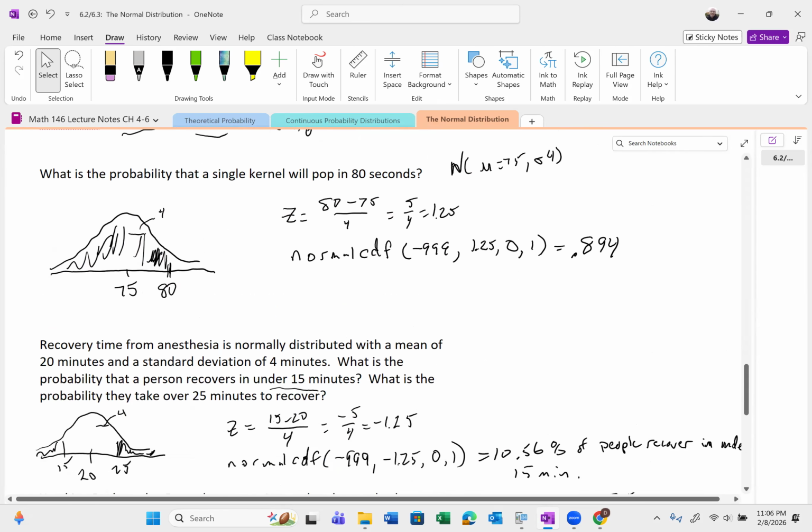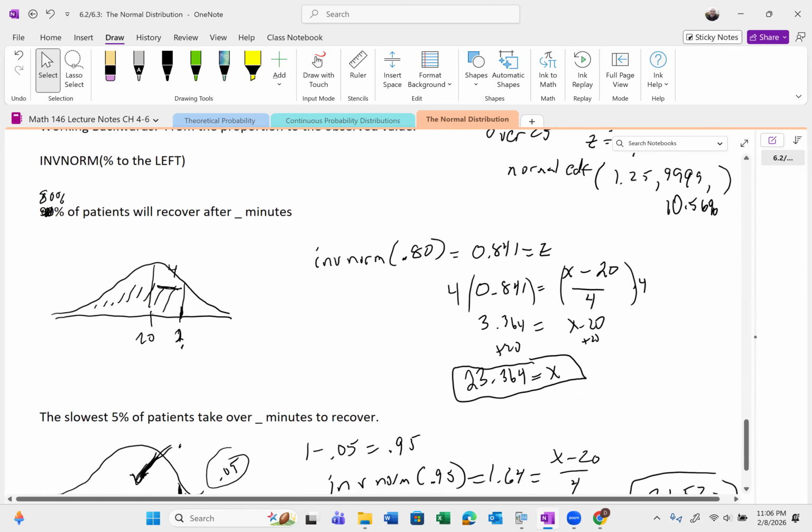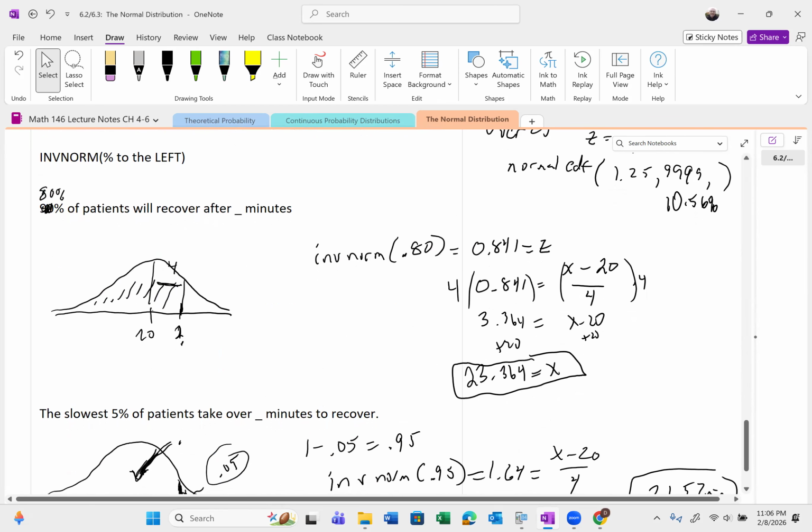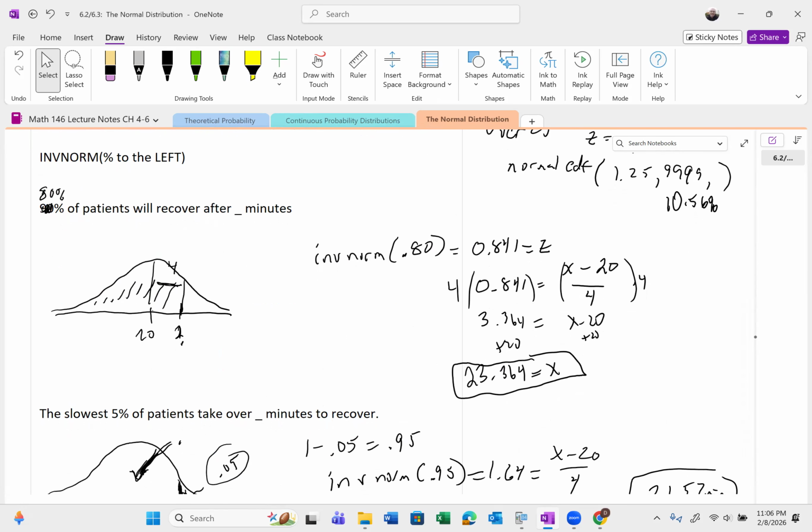And then the inverse norm works the other direction. If we start with the percentage, so we want to know the slowest 5%, the biggest 10%, something like that, we're going to use the inverse norm to find the z-score and then do some algebra from that z-score to find the actual value.